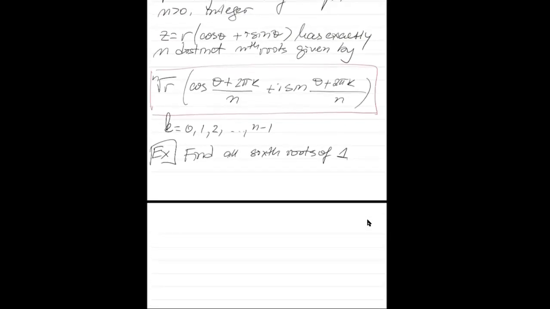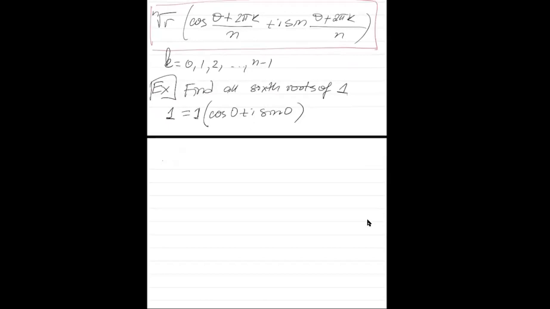So it's the same problem, but we have a different way of solving it. 1 is real, and we can write it in trig form. 1 is r, and the angle is 0. So here you go, the real number 1 written in the trig form.